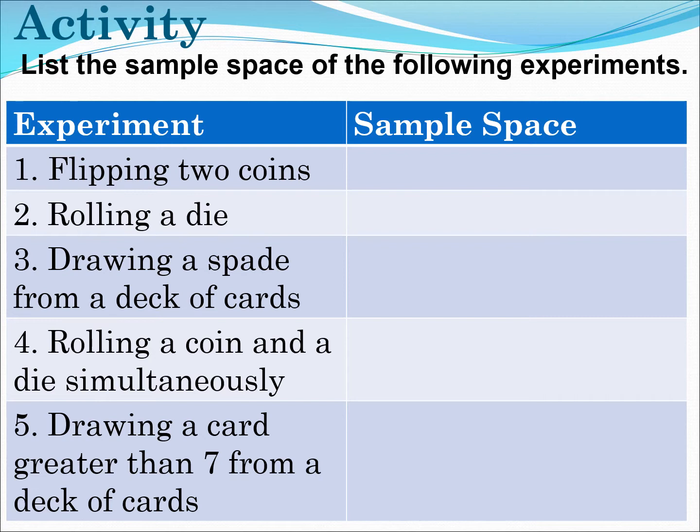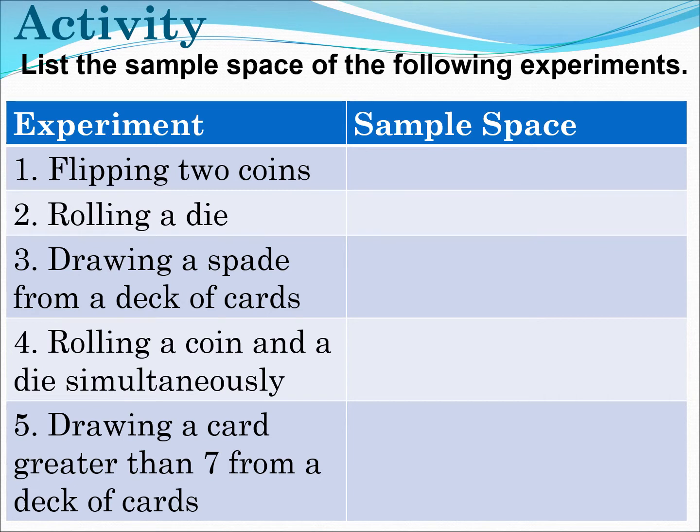Here, we are not going to use different apparatuses, like a telescope or whatsoever, but we're going to use different kinds of objects so we can find the sample space. When we say sample space, these are the possible outcomes, those that may come out when we do the experiment.